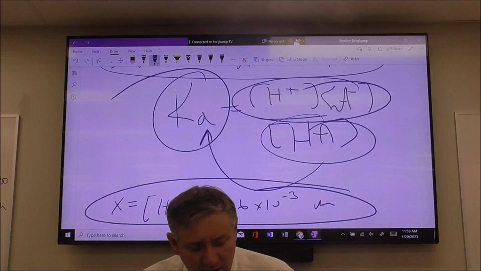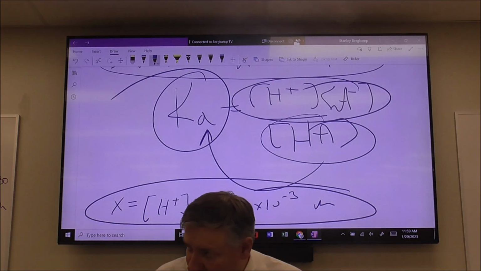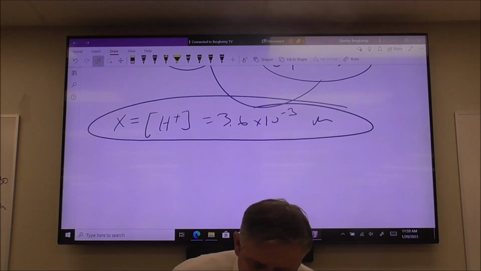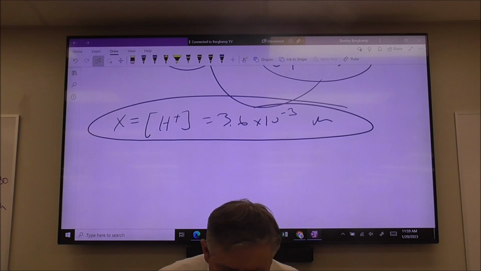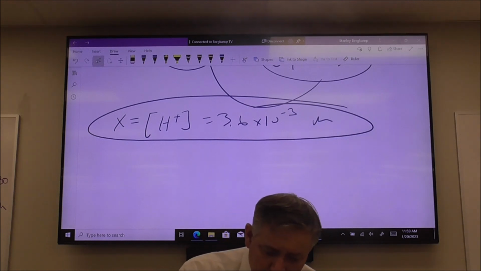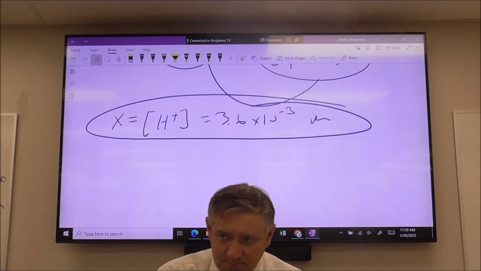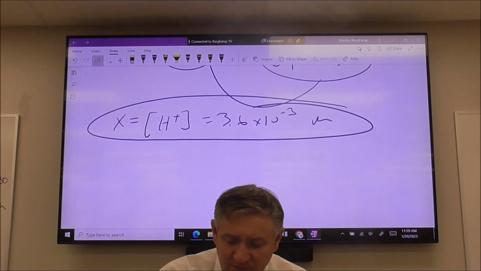Now, on number 2, notice that you got a 0.2 molar solution of benzoic acid on number 1. On number 2, I also gave you a 0.2 molar solution, but this is a strong acid. Here's the difference.